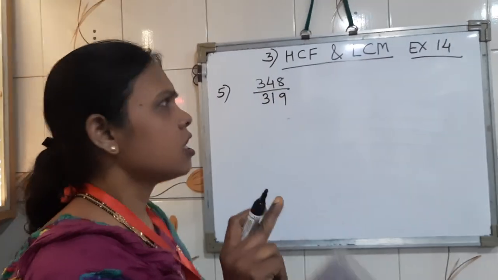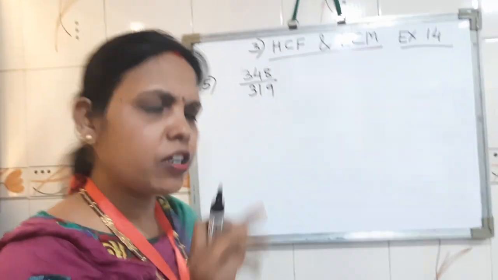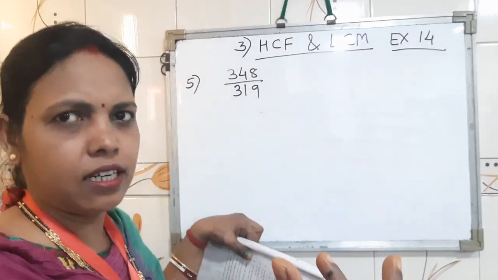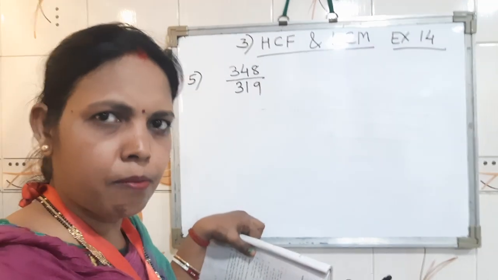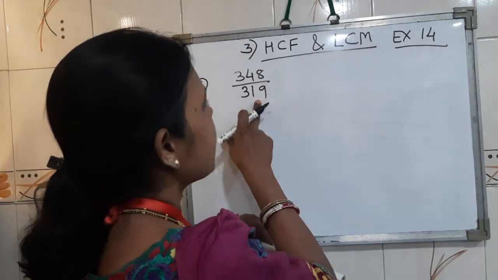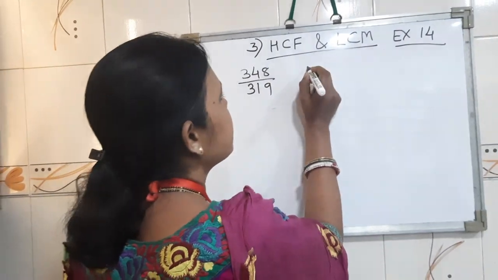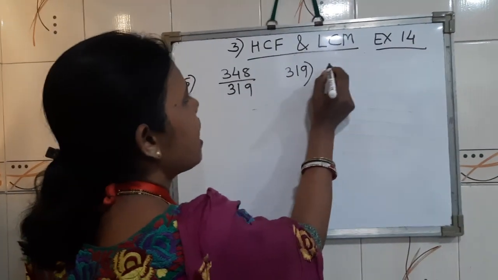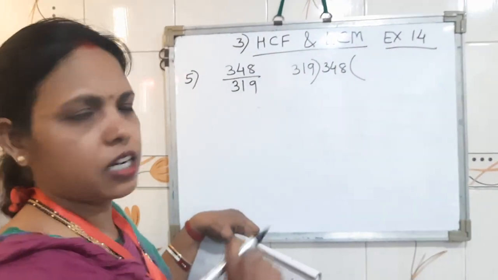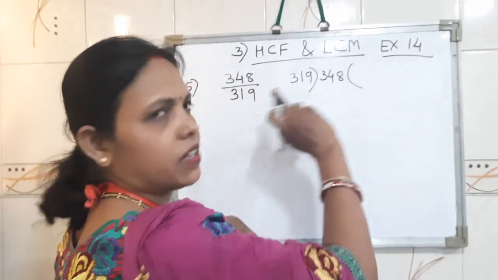So children, you have to decide which number is greater, that one will be your dividend, and the smaller number we will take as divisor. Here we can identify 319 is the smaller one and 348 is the bigger one. That's why this one is dividend.